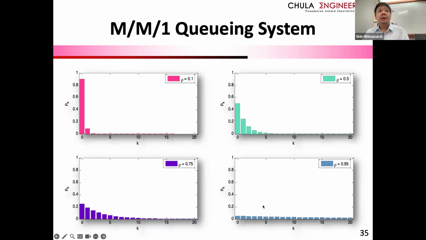That means it's more likely that the system will go larger, right? Because if the incoming rate is faster, almost catching up with the rate of the server, each customer will have to wait longer and longer, and it's more likely that the system state will accumulate, right?